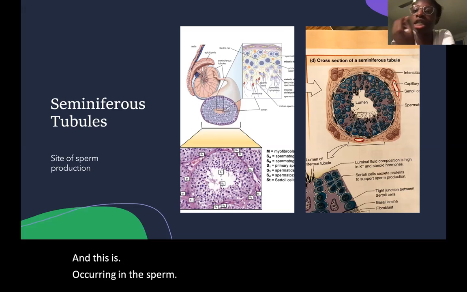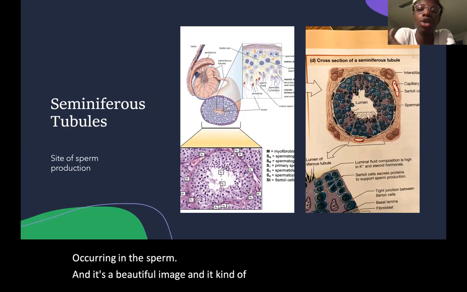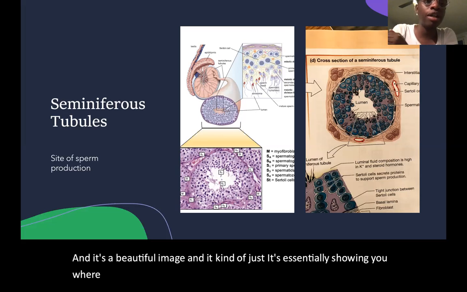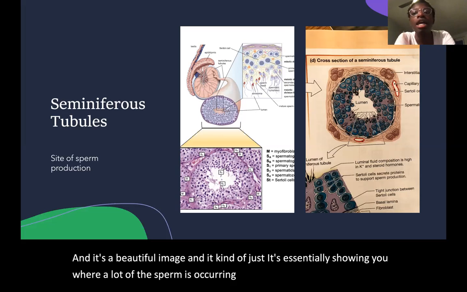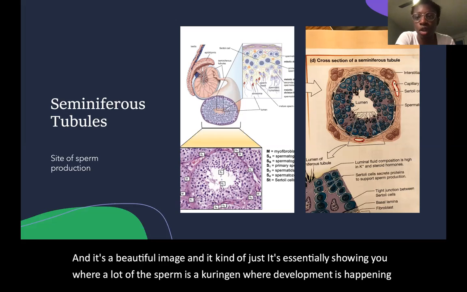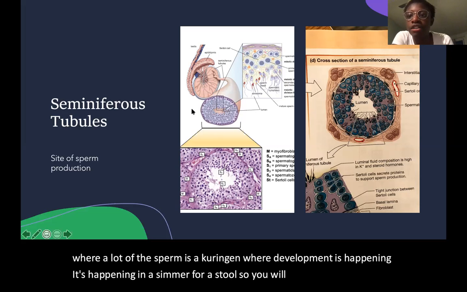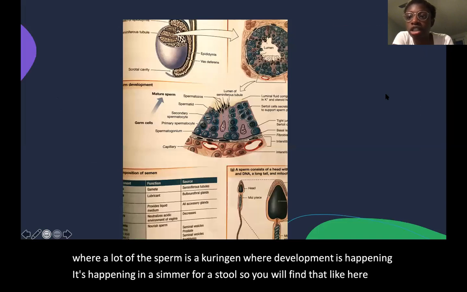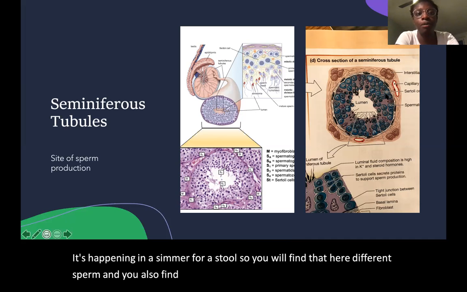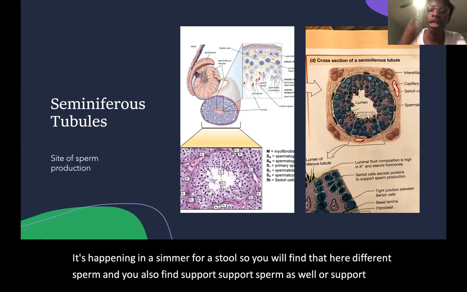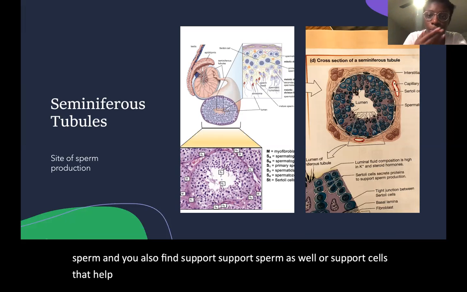And it's a beautiful image, and it's essentially showing you where a lot of the sperm is occurring and where development is happening. It's happening in a seminiferous tubule. So you will find that, like here, different sperm, and you also find support cells that help the sperm develop and become mature.